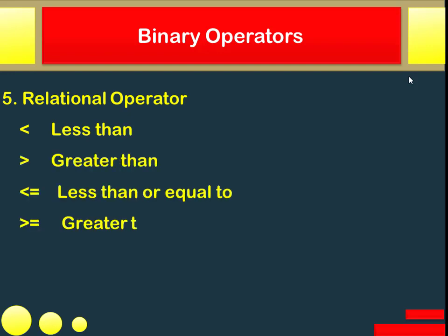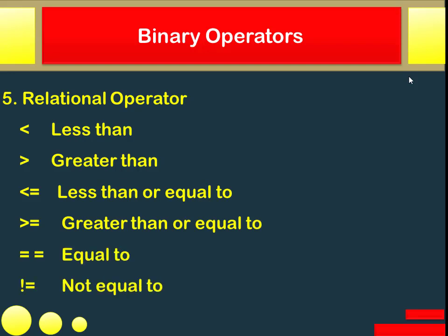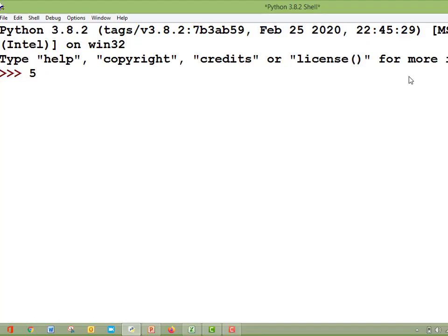Relational operators are operators that show relations, and the outcome of these operators comes as true or false. I will show you. I write here 5 greater than 6. This is our relational operator, and when I press enter, you can imagine the answer is going to be false.